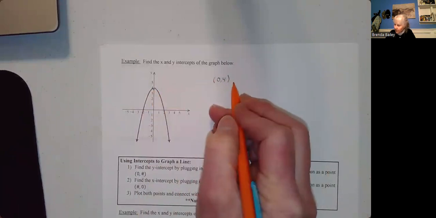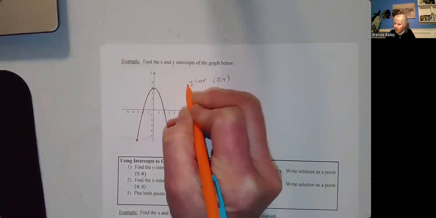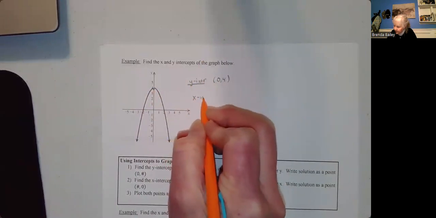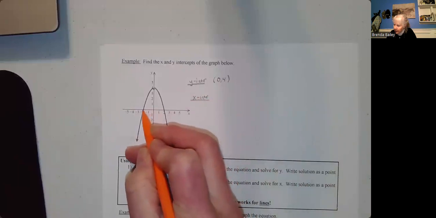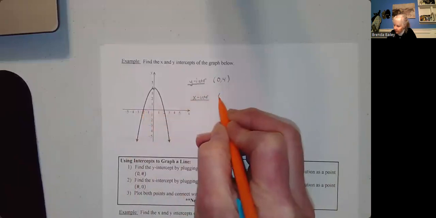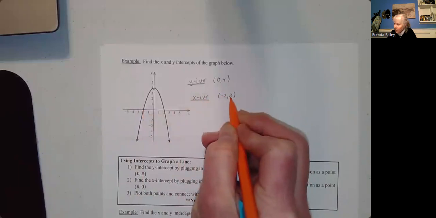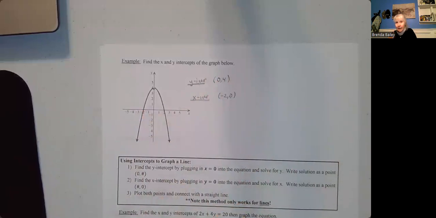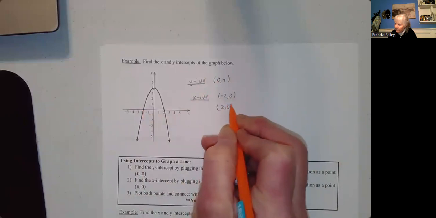So here's the y-intercept. I'll just go ahead and label it y-intercept, but I'll also give you an idea of how to enter your answer. Now the x-intercepts are -2, 0, because I know that when you find the x-intercept, the y is 0. The y-intercept, the x is 0. They're always opposite. And it also has an x-intercept at 2, 0.